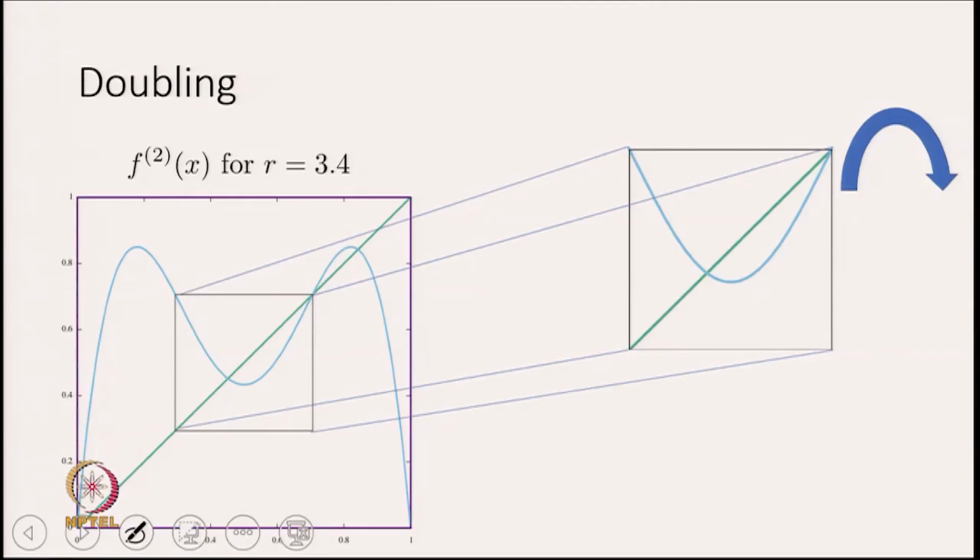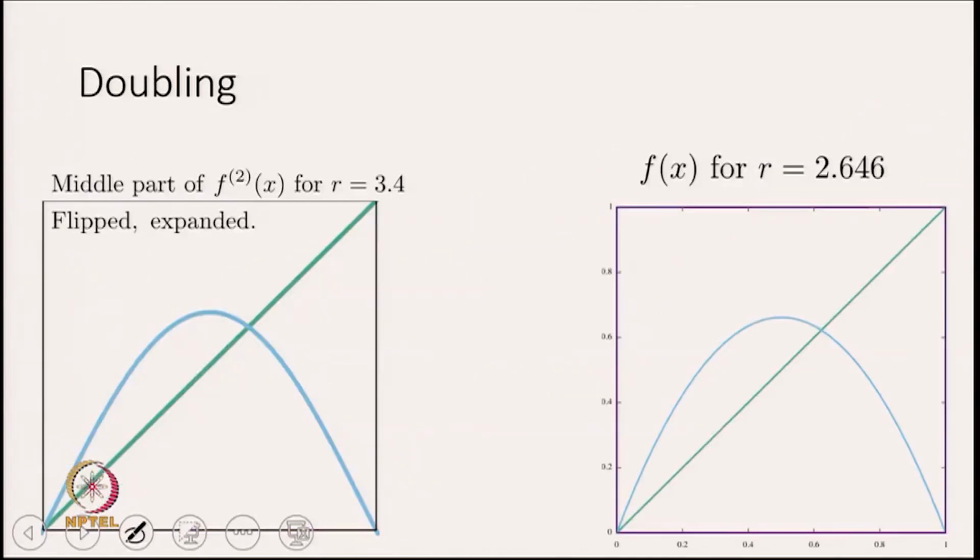if you were to just concentrate on that particular part of the map, expand it and flip it around, then when you flip it around and expand it to the required scale, you notice that it looks a lot like the map f of x at another value of r.